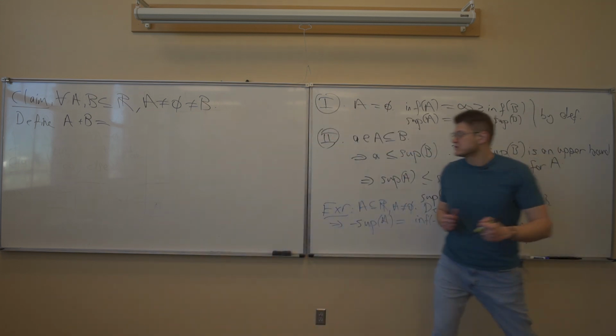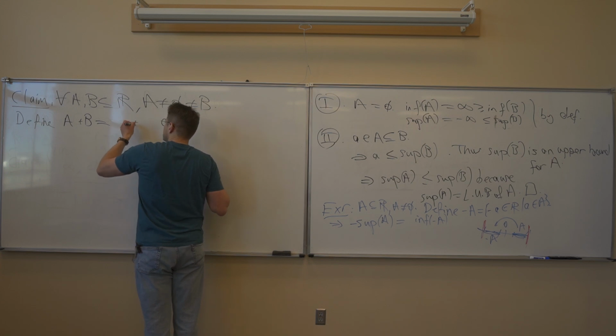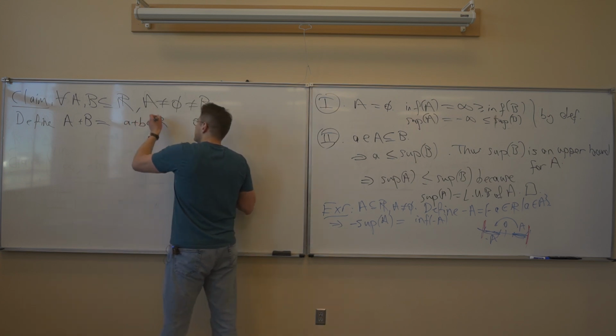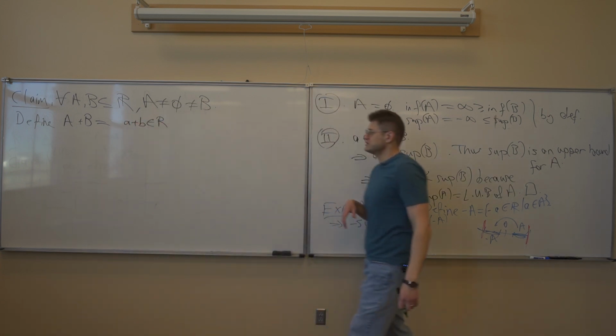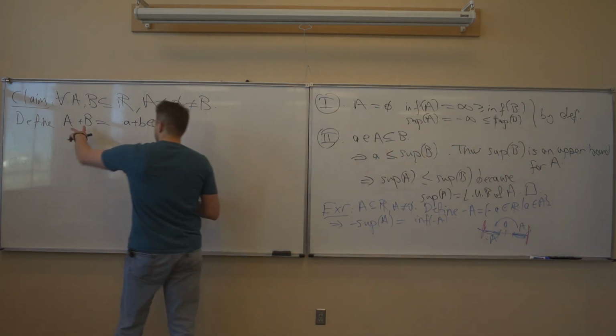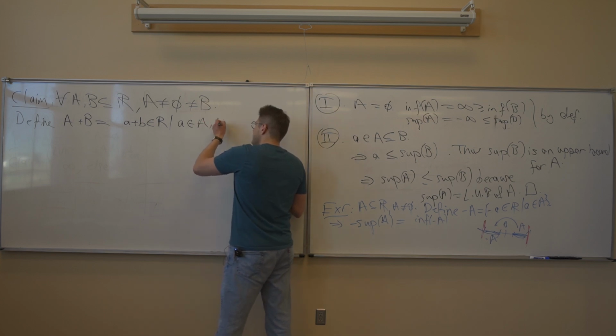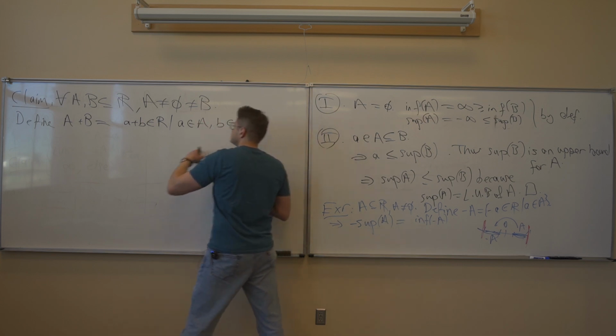Mathematically, they're also very interesting, of course. A plus B in R, you see, I'm using the set builder notation. That's the general shape of an element here, such that lowercase a comes from uppercase A and lowercase b comes from uppercase B.